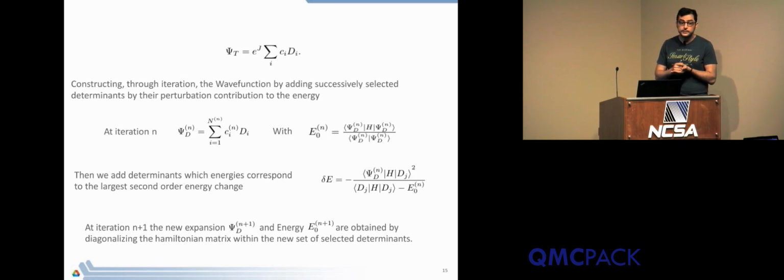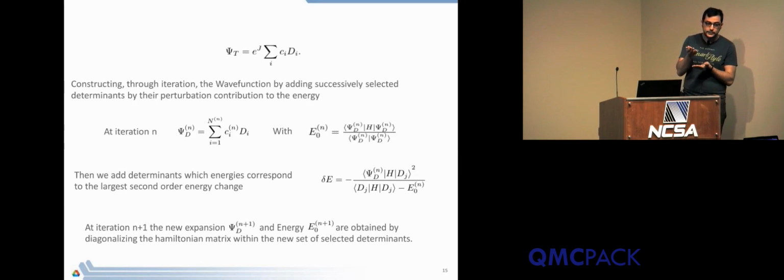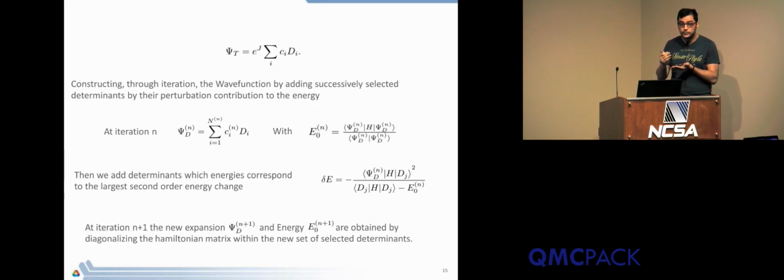So with this criteria, we'll do the single and double excitations at iteration 1. We're going to take all these determinants and evaluate the contribution at the second order perturbation theory to the total energy. If this contribution is large enough, we keep that determinant and we add it to our construction.